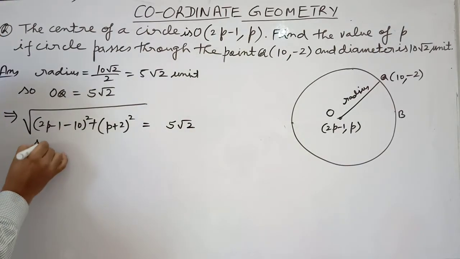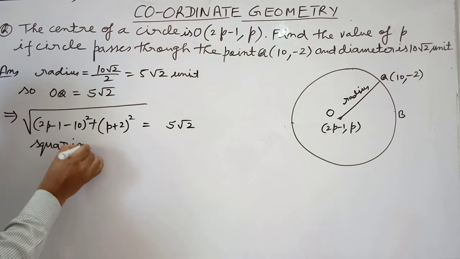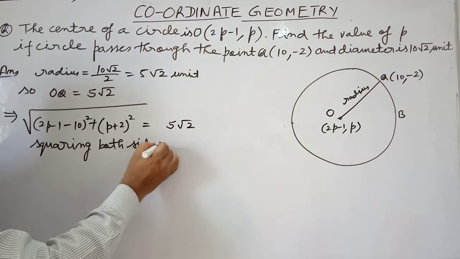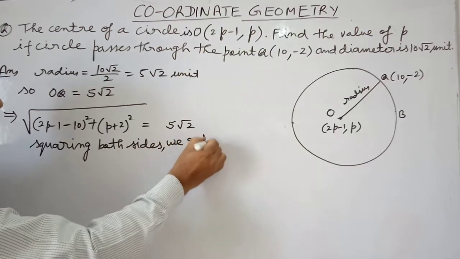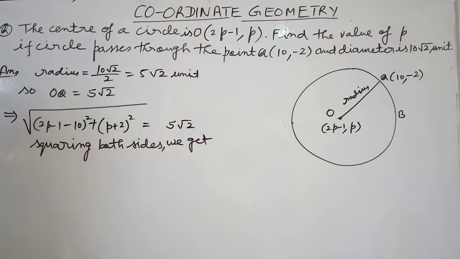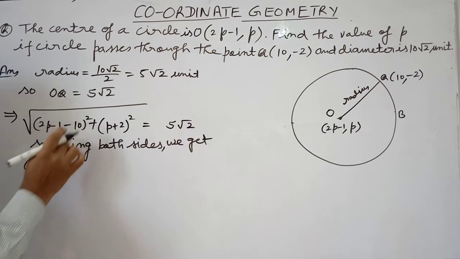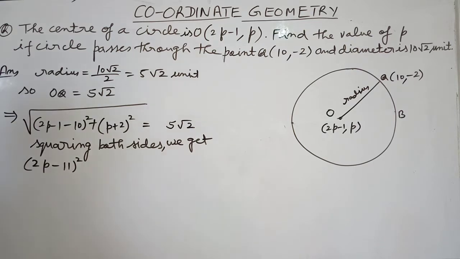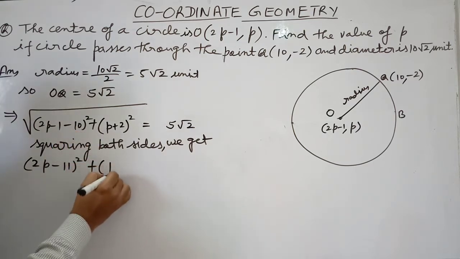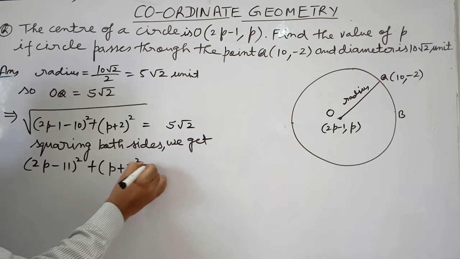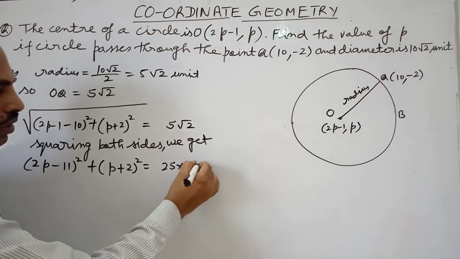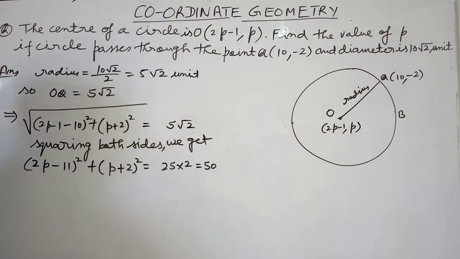Squaring both sides, we get (2p minus 11) whole square plus (p plus 2) whole square. 5 square is 25, root 2 square is 2, so 25 into 2 is 50.